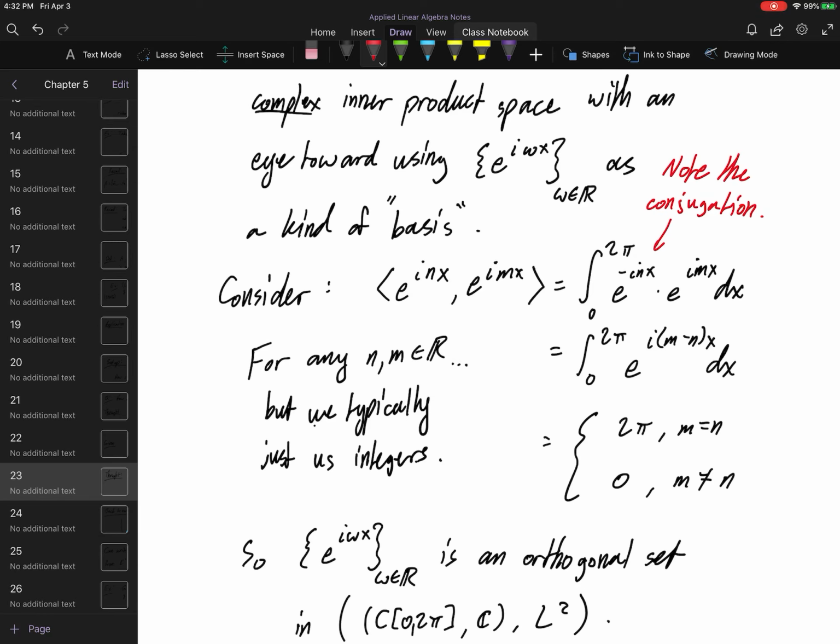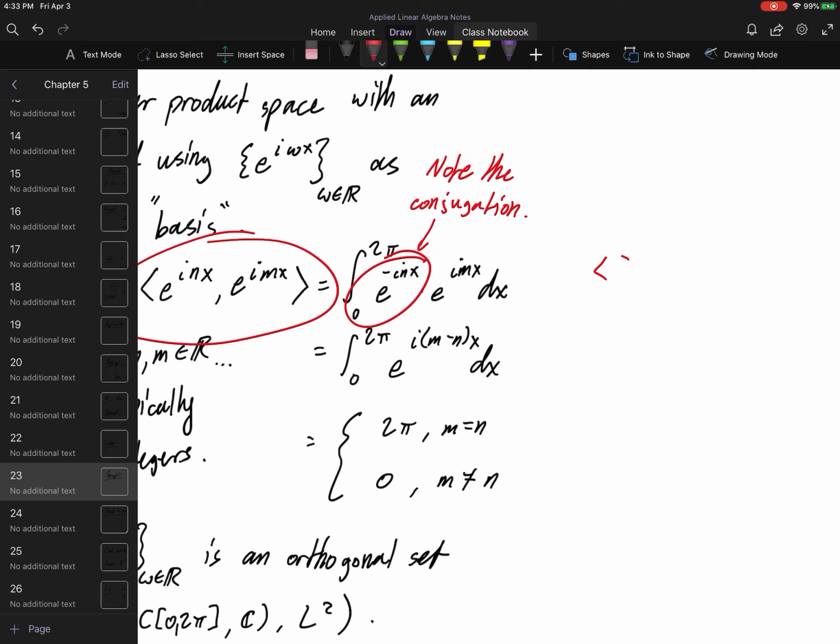If we haven't seen complex inner products before, which I may have mentioned at one point, it's definitely worth addressing again. The complex L2 inner product space needs to use a variation on what we've been doing for real inner product spaces. And the big difference, though not the only difference, is this negative sign.